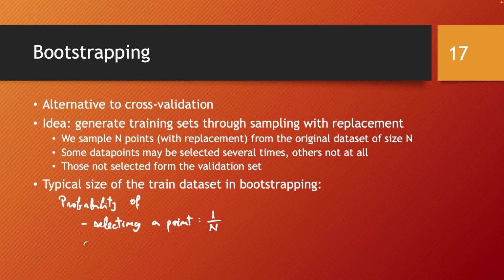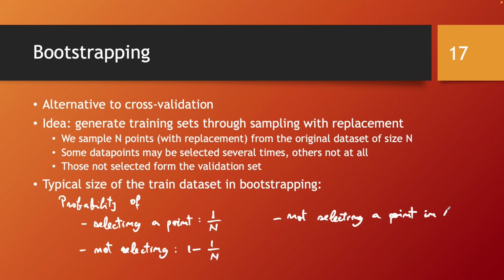All of the points have equal probability to be selected, and the probability of not selecting a point is obviously 1 minus 1 over n. Then the probability of not selecting a point in n consecutive draws, because these draws are independent of each other, is obviously (1 minus 1 over n) to the power n.